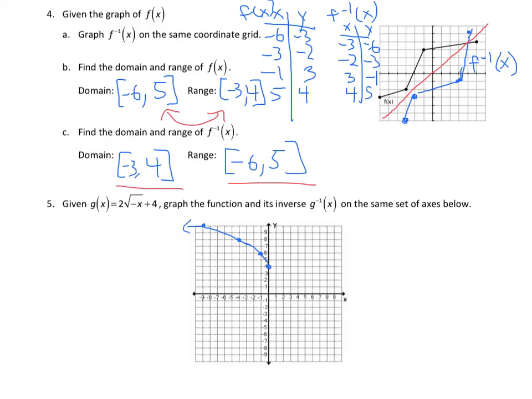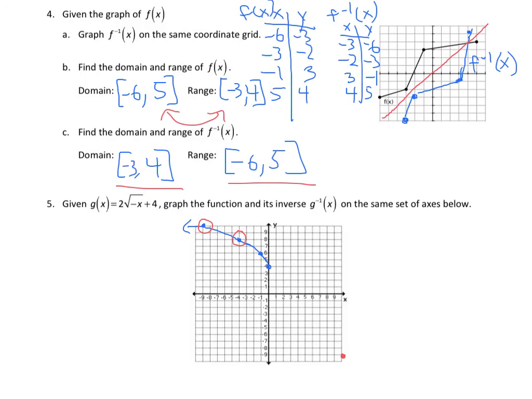And now to graph the inverse, we are just going to take those points and switch the x and y around. So if I take my point over here, its ordered pair is -9, 10. So instead I go 10, -9. The next point, the ordered pair would be -4, 8.